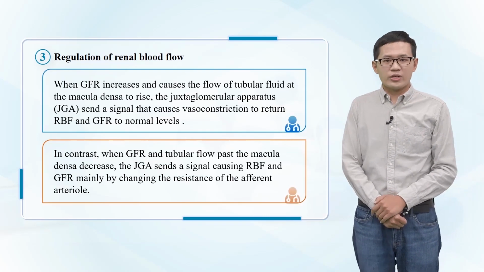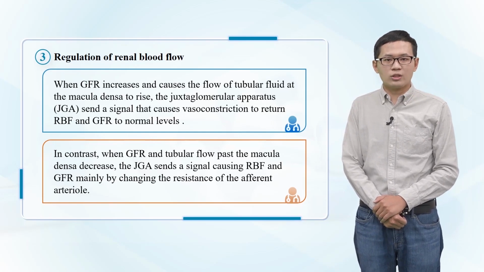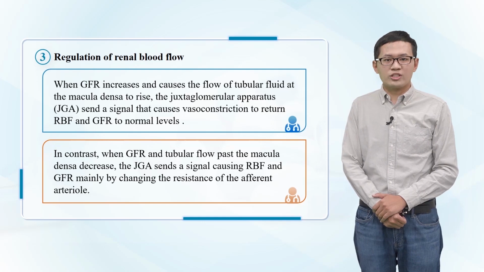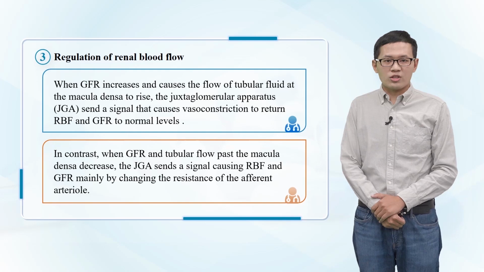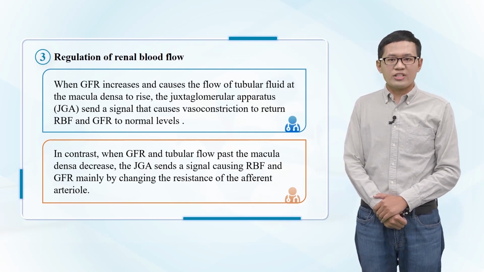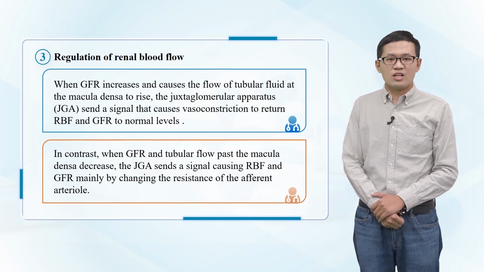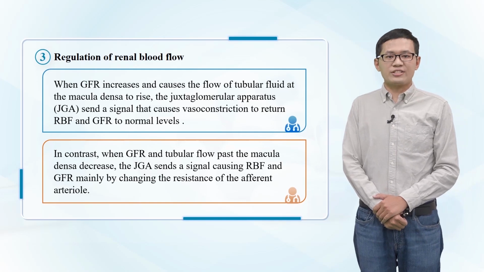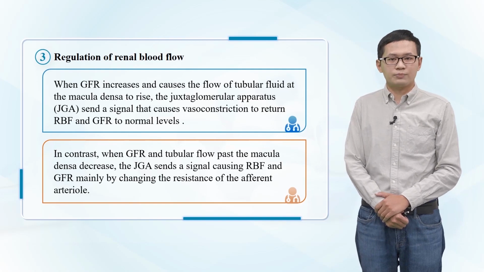When GFR increases and causes the flow of tubular fluid at the macula densa to rise, the juxtaglomerular apparatus sends a signal that causes vessel constriction to return blood flow and GFR to normal levels. In contrast, when GFR and tubular flow past the macula densa decrease, the JGA sends a signal causing renal blood flow and GFR to rise, mainly by changing the resistance of the efferent arteriole.